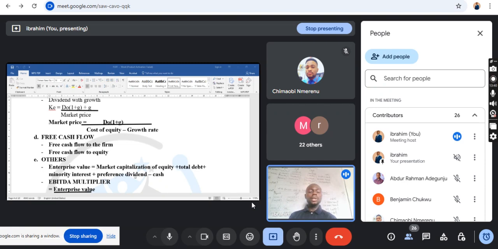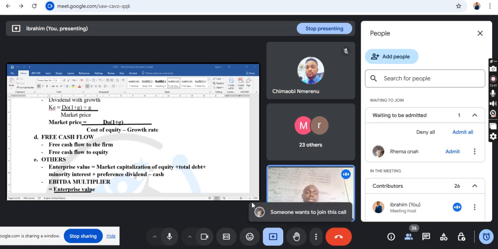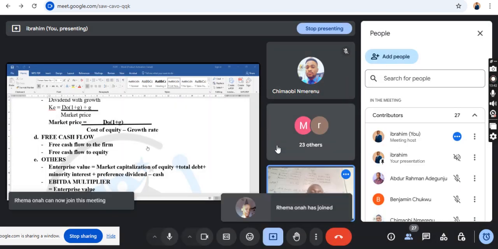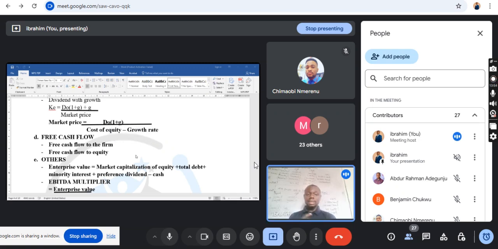When you multiply by the number of shares traded, that gives you the market capitalization, and that is the market value of equity. Plus the total debt: both current liability and non-current liability are your debt. The minority interest plus the preference minus cash.